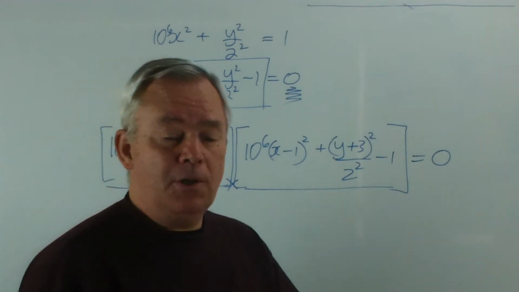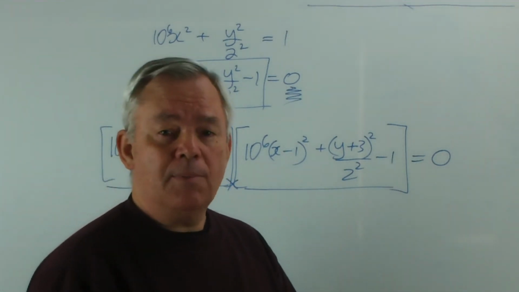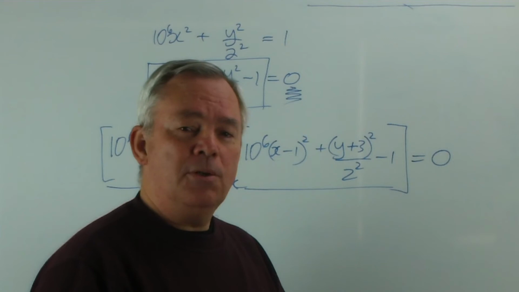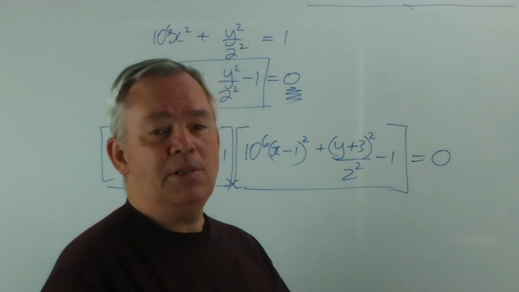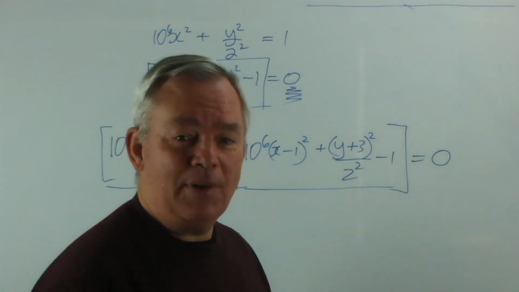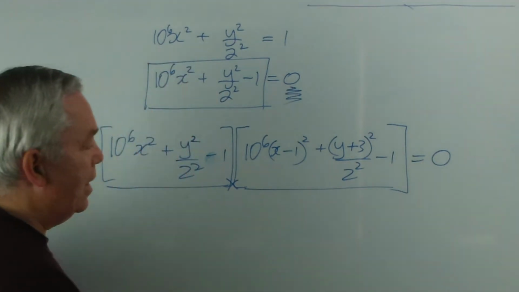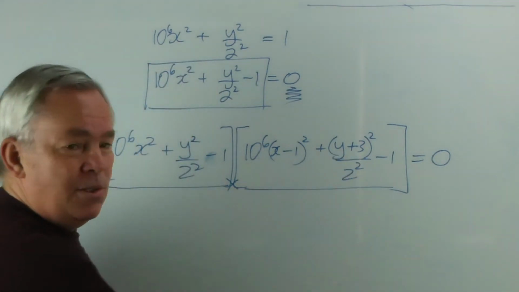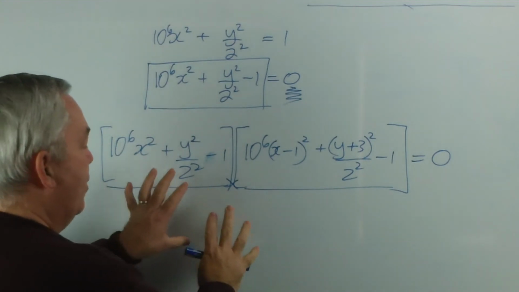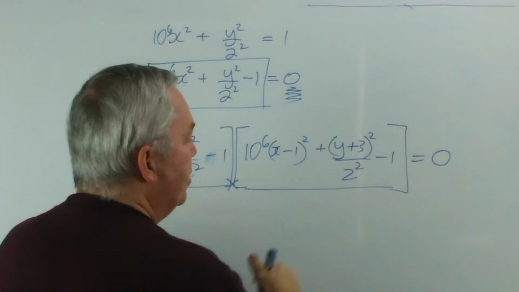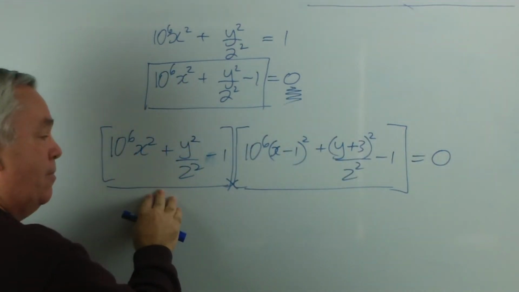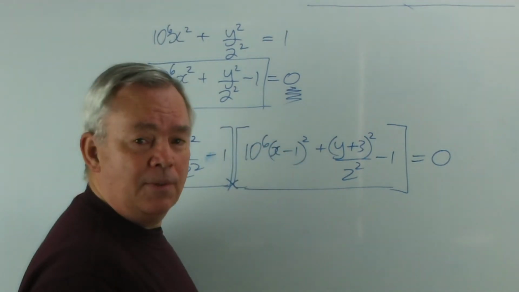Now, if I challenge you to think up any two numbers that multiply to make 0, it won't take you long to realise that one of them must be 0. It happens to be my favourite times table. 0 times anything is 0. So if I have an expression times an expression equals 0, then either that is 0 or that is 0.